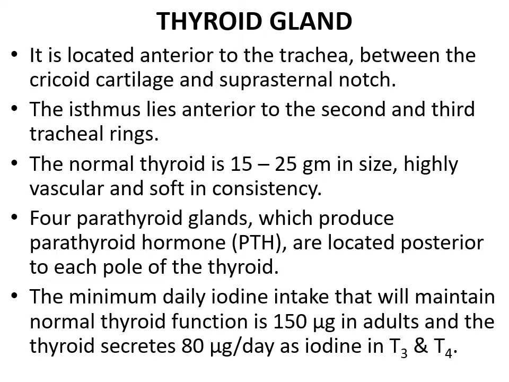Thyroid gland is located anteriorly to the trachea between the cricoid cartilage and suprasternal notch. The isthmus lies anterior to the second and third tracheal rings. The normal thyroid is 15 to 25 gram in weight, highly vascular and soft in consistency.